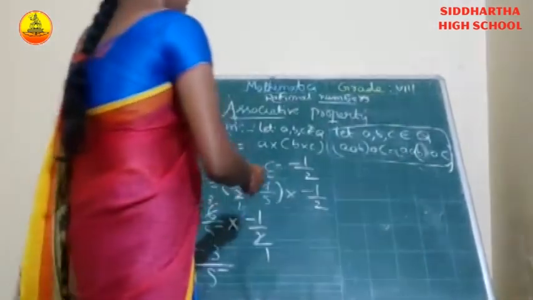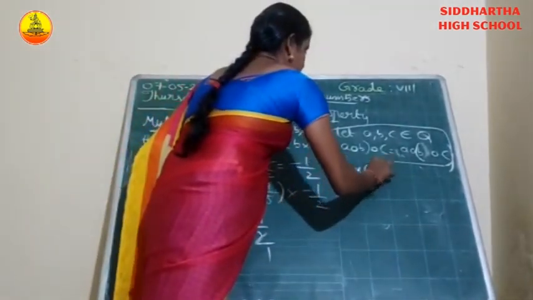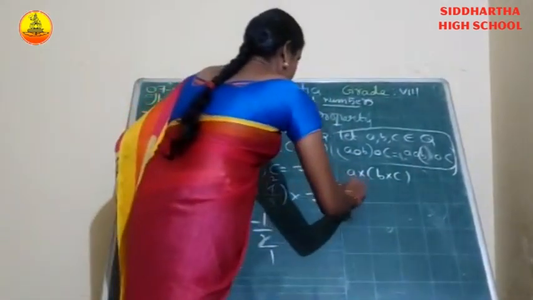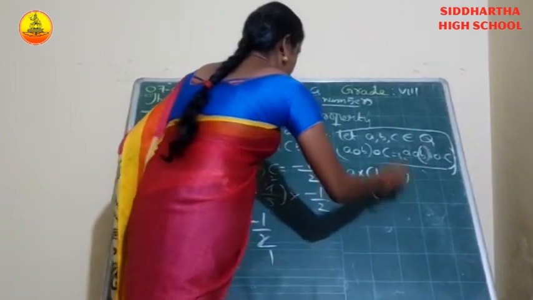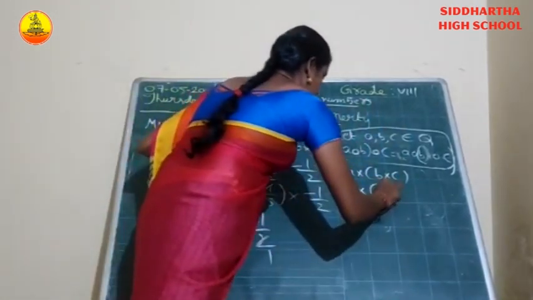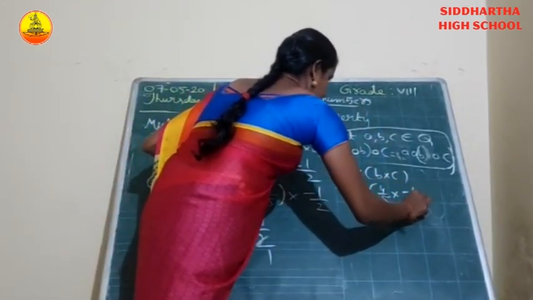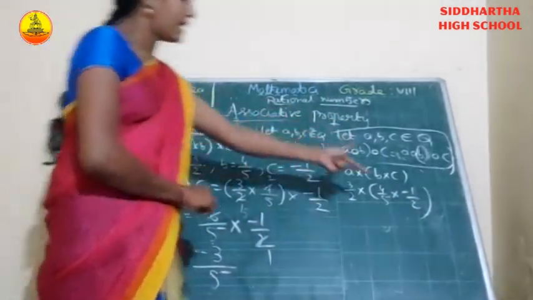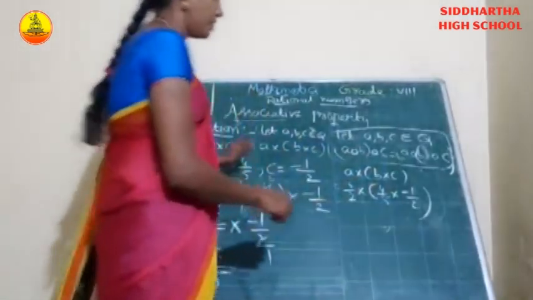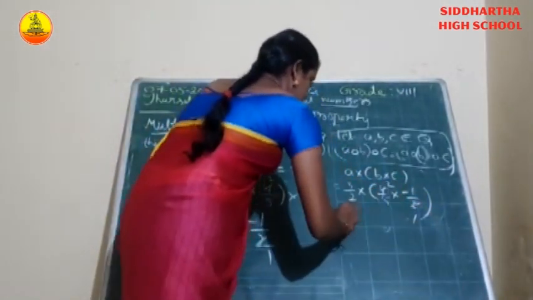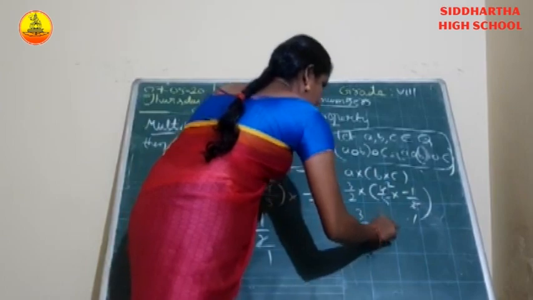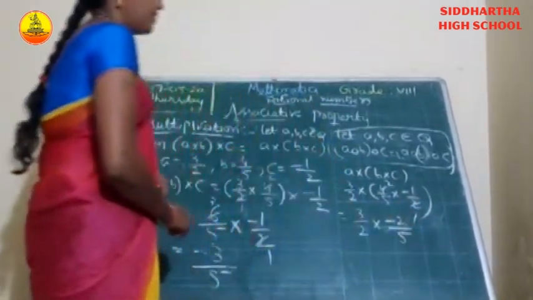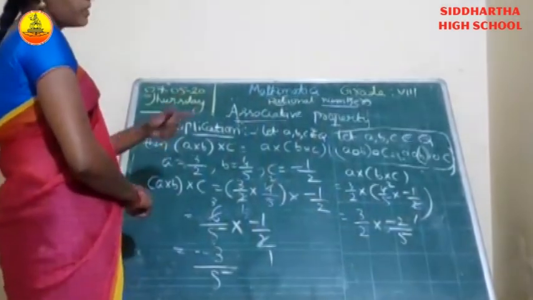Now you take this one, A into (B into C). What is the value of A here? 3 by 2 into, what is the value of B here? 4 by 5 into minus 1 by 2. First of all, you have to solve the bracket. In this bracket, if any cancellations are there, you can do. 2 ones, 2 twos. 3 by 2 into 2 into minus 1, minus 2, 5 into 1, 5. Now we got one number, now remove the bracket.